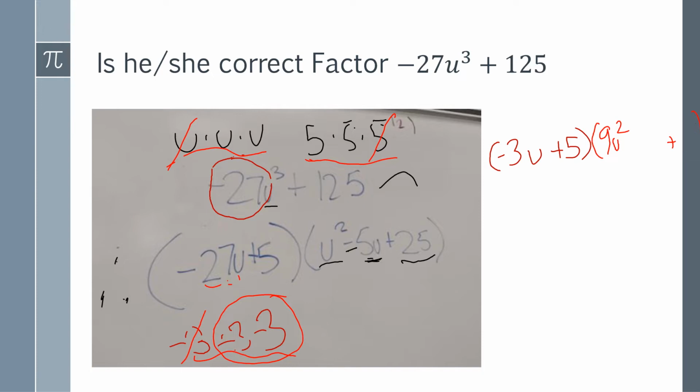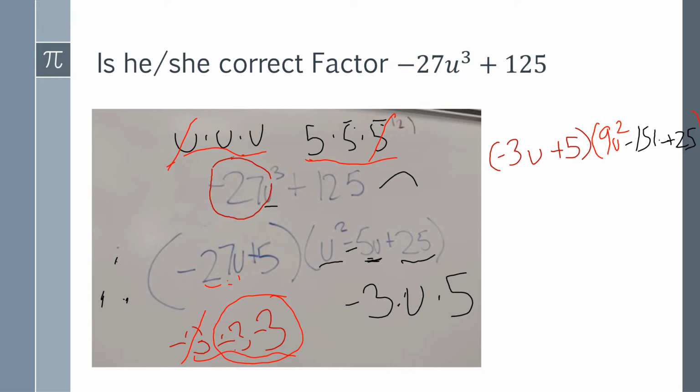Maybe I need to rewrite that for some of you who struggle with my handwriting. So for the middle term, you combine the negative 3u times 5. Negative 3 times positive 5 is negative 15u.